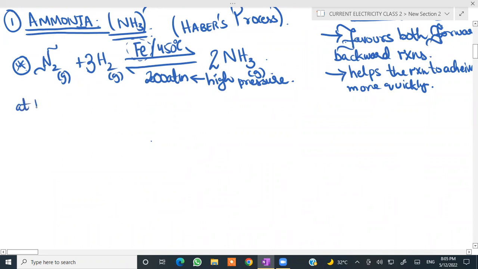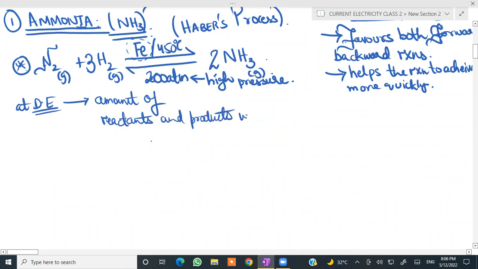So at dynamic equilibrium, the amount of reactants and products would become constant, okay?